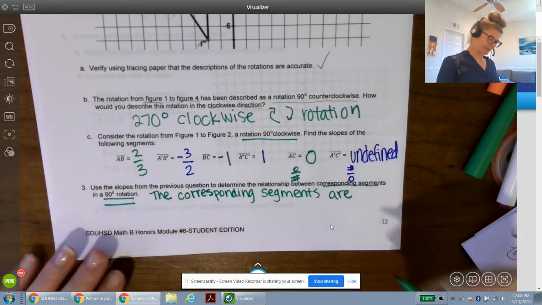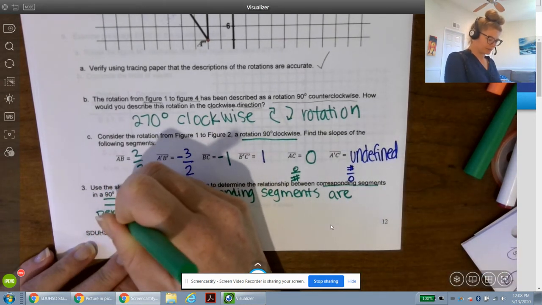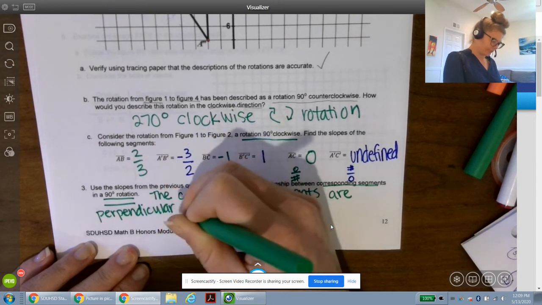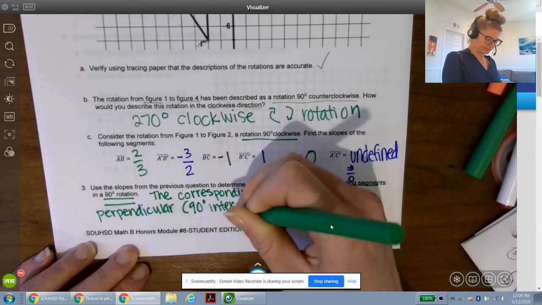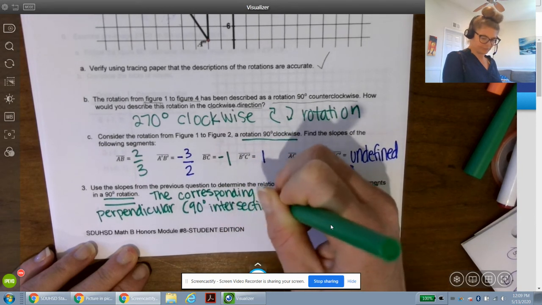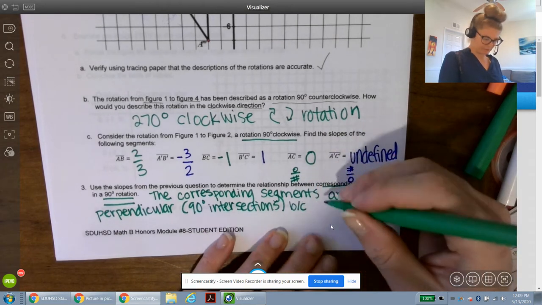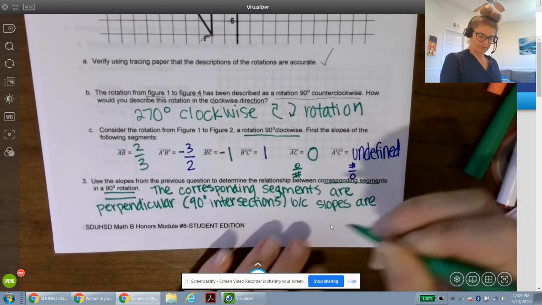What are those? Corresponding segments are perpendicular, 90-degree intersections, because slopes are opposite reciprocals.